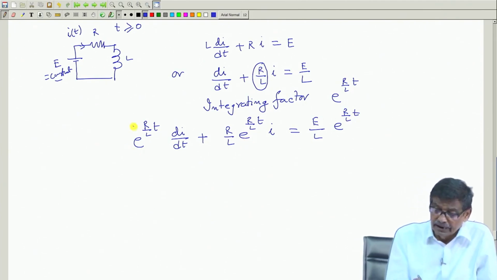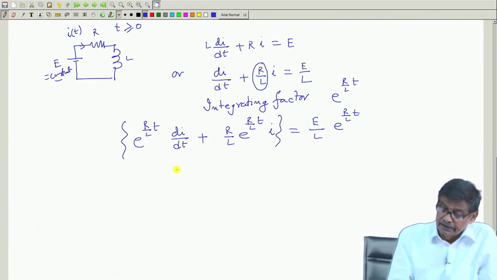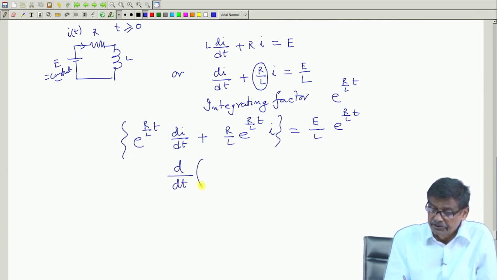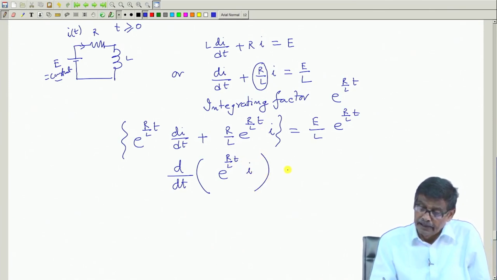Now, if you look at the terms on the left hand side, this is nothing but the differentiation of the product of these two functions, e to the power (R/L)t into I, and this is equal to E/L into e to the power (R/L)t.